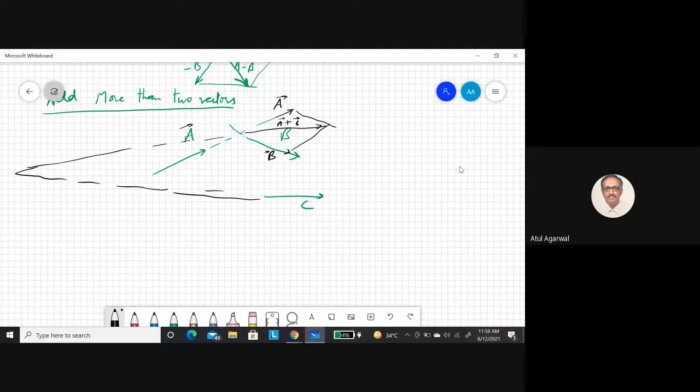So this is your A plus B. You bring the same magnitude here, and this is your vector C. So this is vector A plus B plus C. So this is the way you will do it by using the parallelogram law of addition.